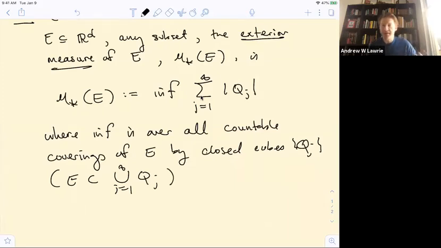So you take your set, you cover it any way you like with a bunch of closed cubes of different sizes. You can use infinitely many of these as long as you're using countably infinitely many cubes. And then you sum up all of the volumes of the cubes, which is something we know how to compute, right? We know how to compute a cube's volume. And then we just take the inf over all of such coverings.